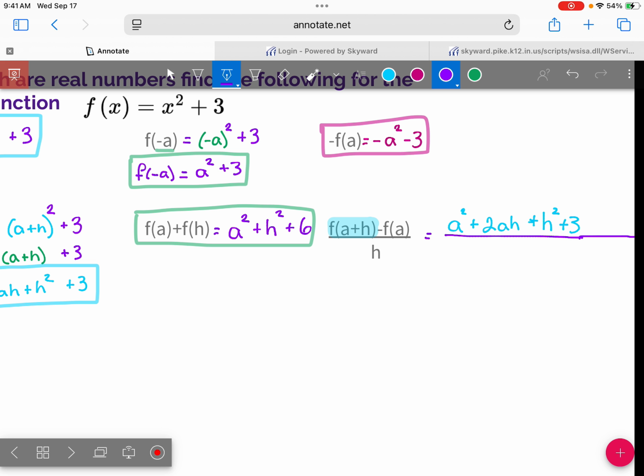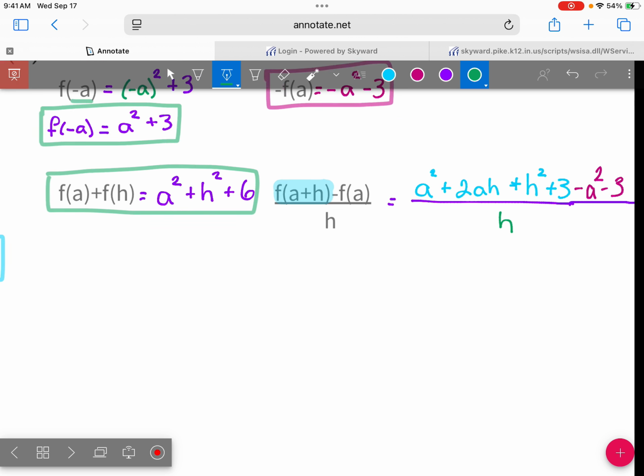Either way, we're going to wind up with our minus a squared minus 3. And our denominator just has the h. So we need to simplify this.